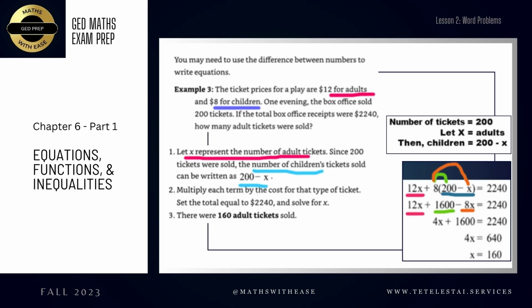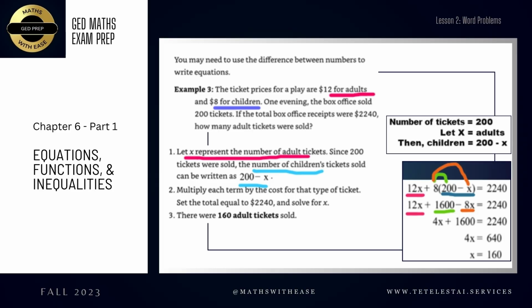Let's say that you're in a group of 200 people, and there happen to be 2 adults. We specified that by x here. Those 2 adults will have to pay $12 each for their tickets, right? So 12 times x, or 12 times 2, will represent the price of tickets for the 2 adults, which would be $24. Then we also know that removing 2 adults from the total number of tickets sold leaves us with 198, right?